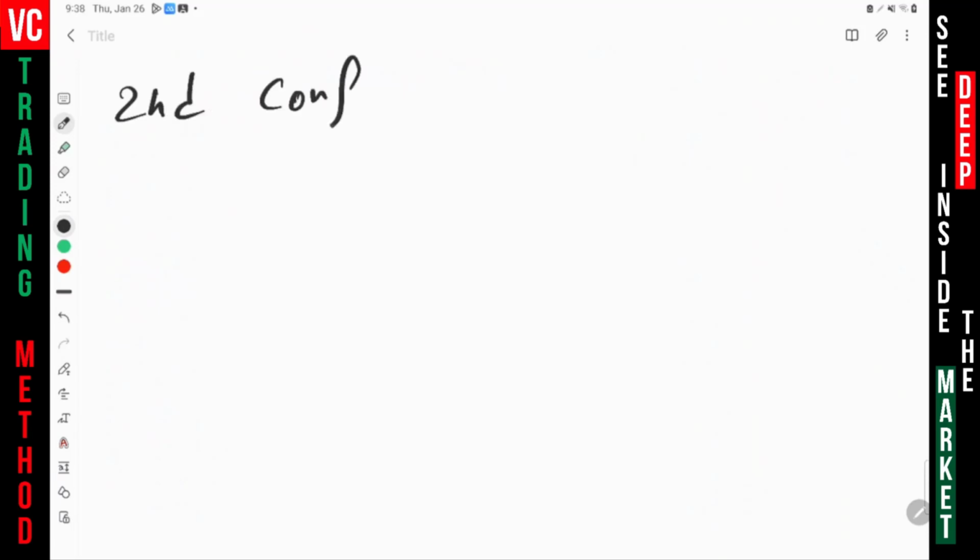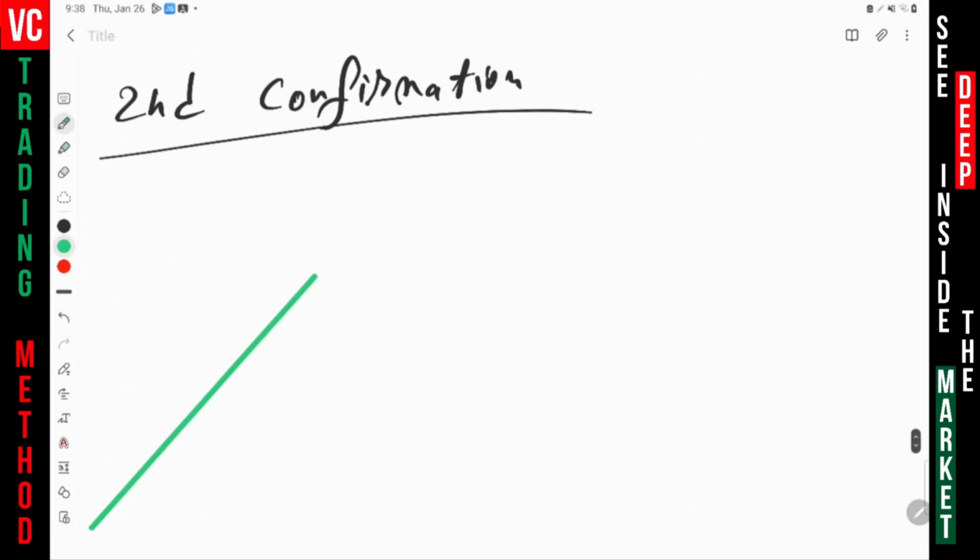Second confirmation. What is the second confirmation? For example, if the wave is positive and the results are also positive, till now we have the first confirmation only, because the first confirmation is based on when the previous wave is formed.